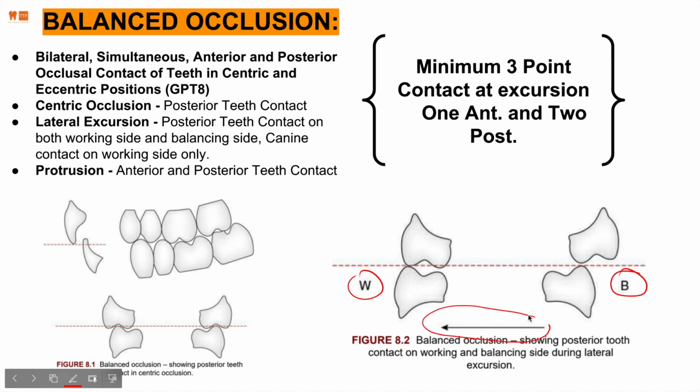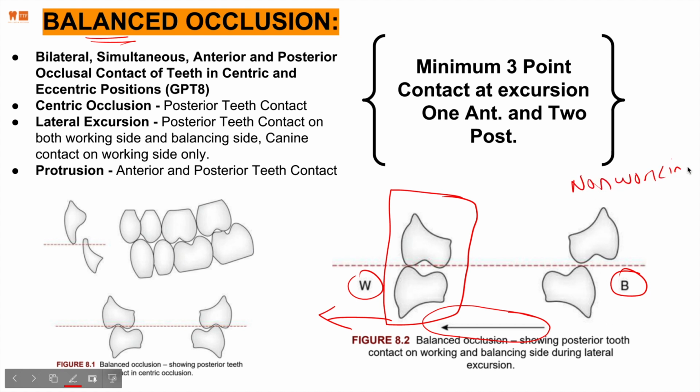Wherever the mandible moves, in this case, it's moving in this direction, that makes this side right here the working side. Whereas the balancing side is the other side that balances all the movement. Bilateral balanced occlusion has to balance the movement on the non-working side, also known as the balancing side, the other side.